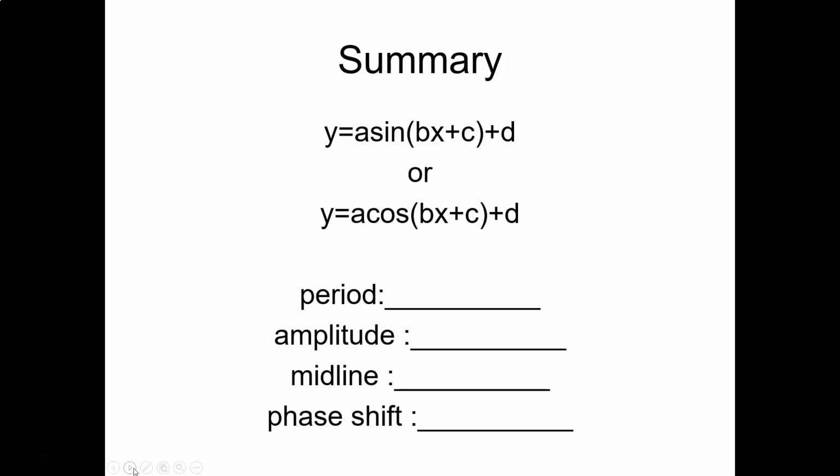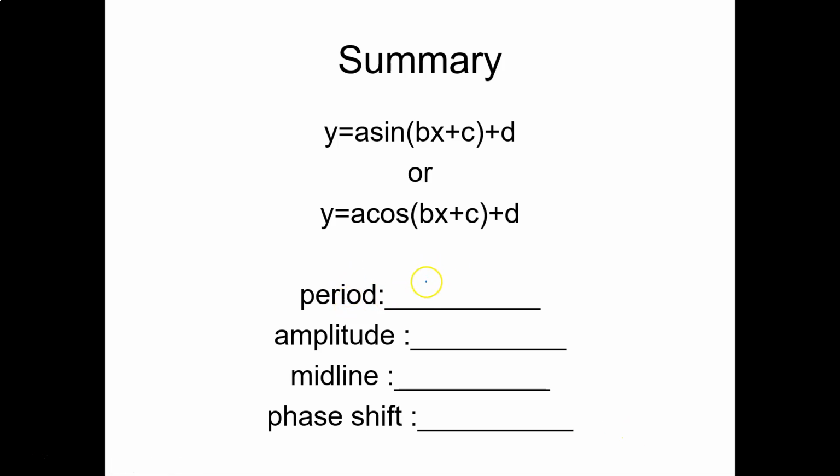So, we've covered everything that you need to know. Let's put all of that together. The main 4 things that you're going to be asked for are the period, amplitude, midline, and phase shift. Okay? So, if you have A times sine BX plus C plus D, or if it's cosine, and looks the same form, these are always going to be true.